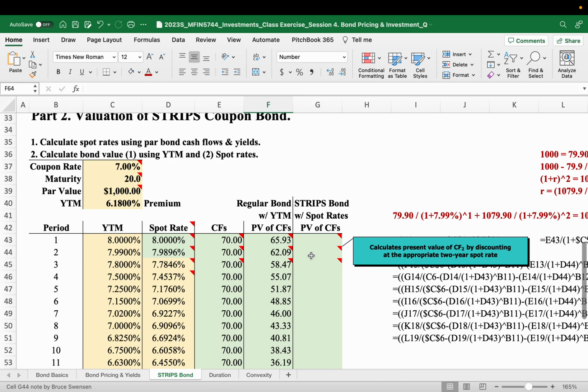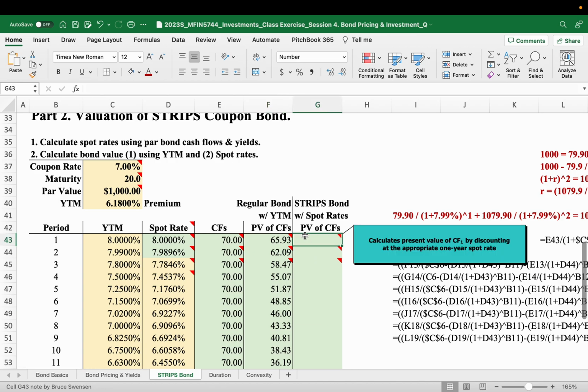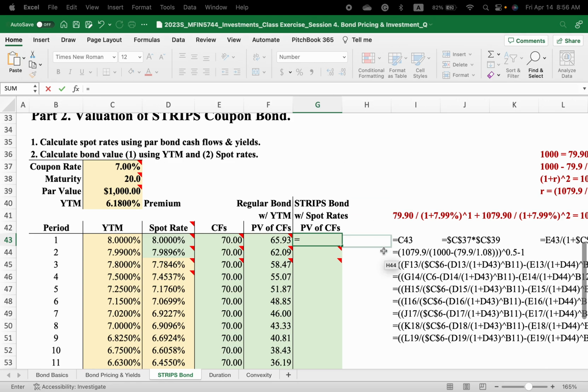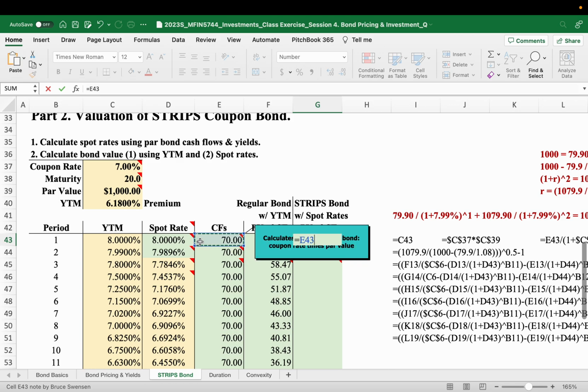If it's a strips bond, now, if strips bond, the present value, we need to calculate. Here, the spot rate, how to get it? Right, spot rate 8%, and spot rate all the years we need to discount, right? This 70 divided by 1 plus spot rate. We are going to use this spot rate.